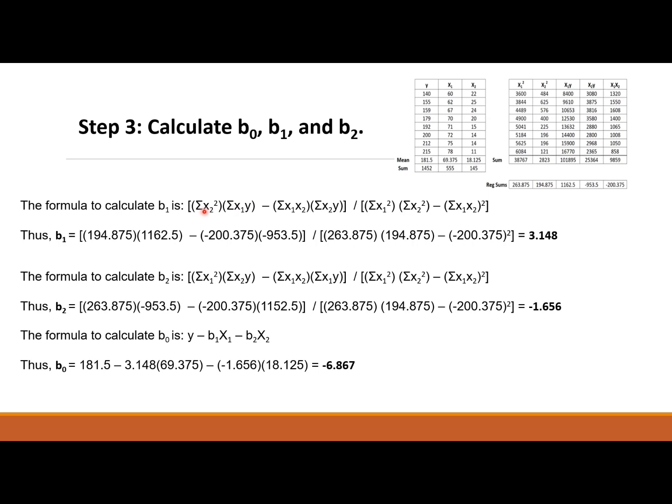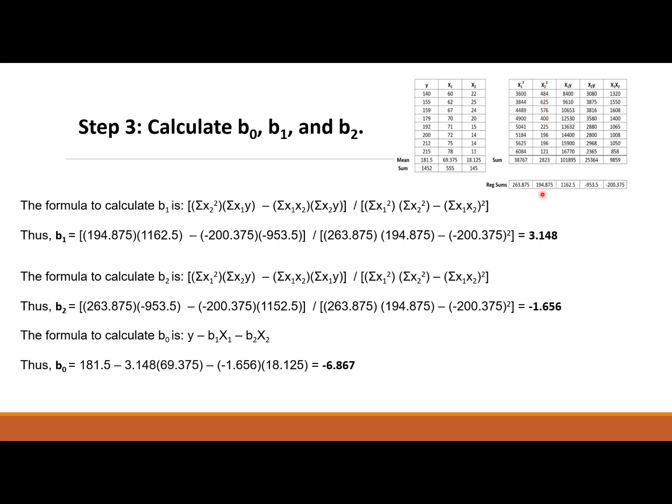All of these values we already have from our totals earlier. So B1 equals 194.875. Where's that? 194.875 is the summation of x sub 2 squared.